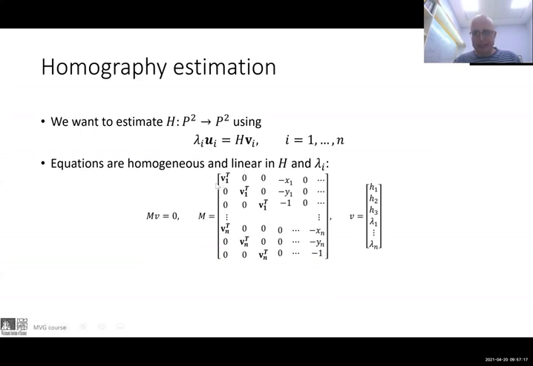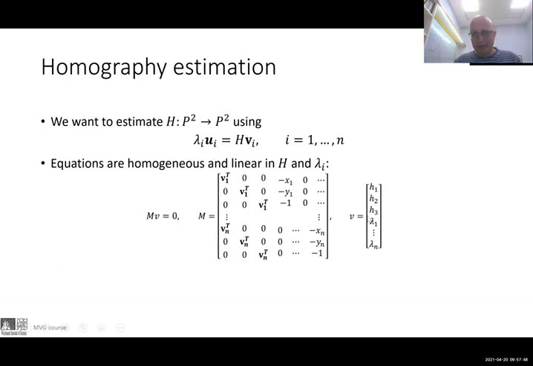And the coefficients are, so H multiplies vi. Actually, h1, h2, h3 should be the rows of H. So the first row multiplies v1, the second row multiplies v1 in the second row here, and the third row multiplies v1 in the third row, right? And this should be equal to lambda i ui.